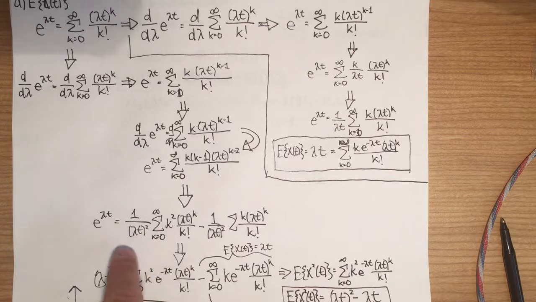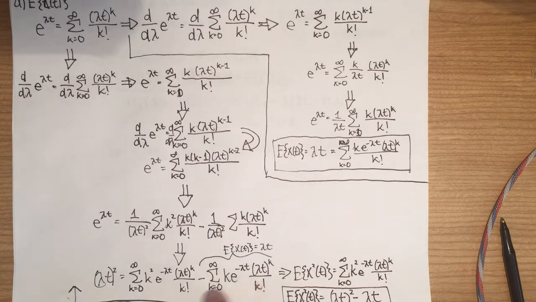This quantity, lambda t squared, moves up. This is technically lambda t to the negative 2, so this becomes lambda t squared, or the quantity lambda times t squared. And this equals the summation from 0 to infinity of k squared e to the negative lambda t times the quantity lambda t to the k over k factorial, minus the summation from k equals 0 to infinity of k e to the negative lambda t times the quantity lambda t to the k over k factorial.